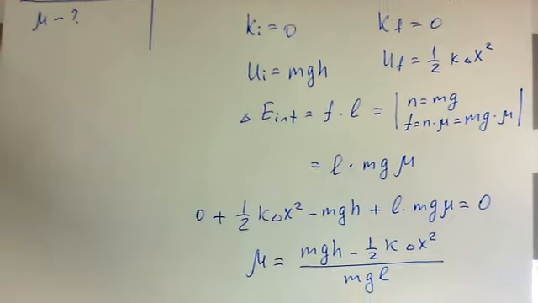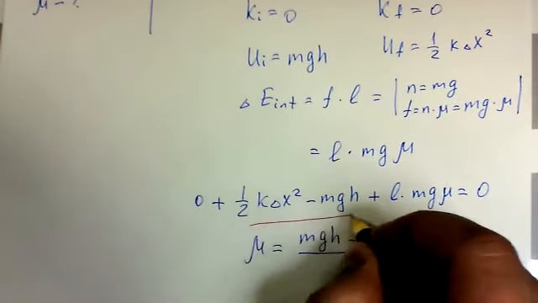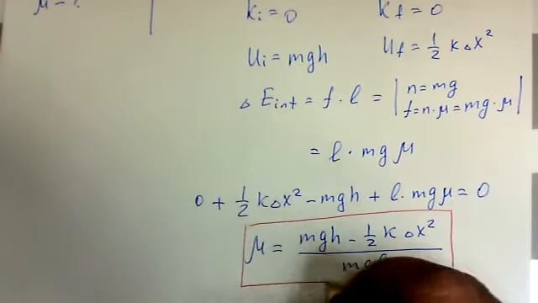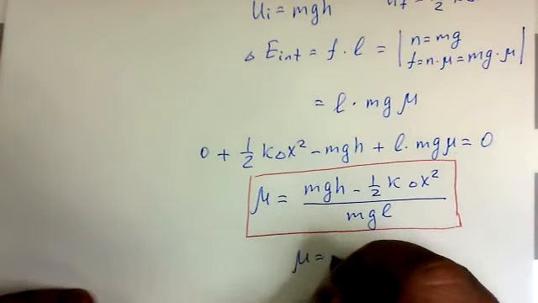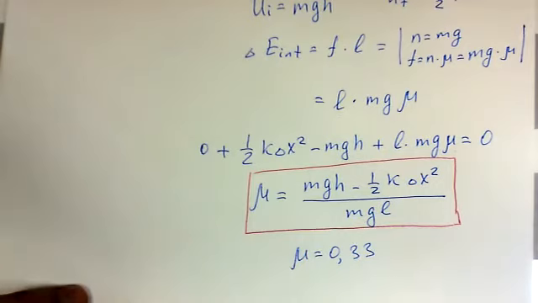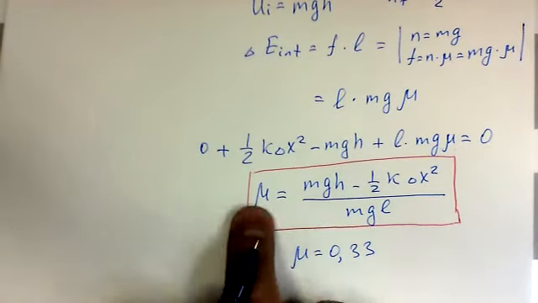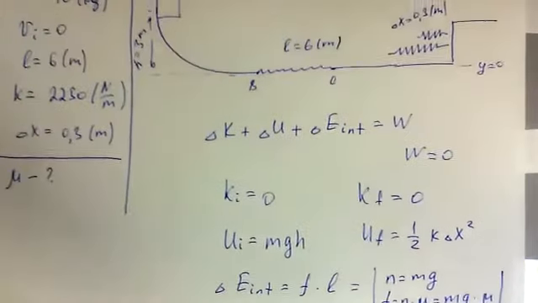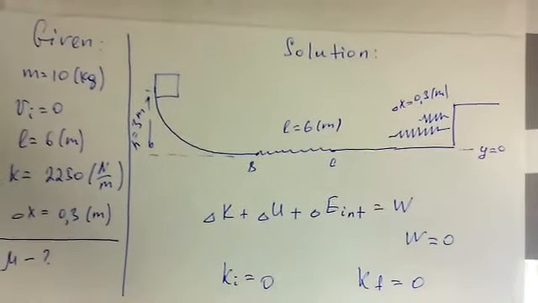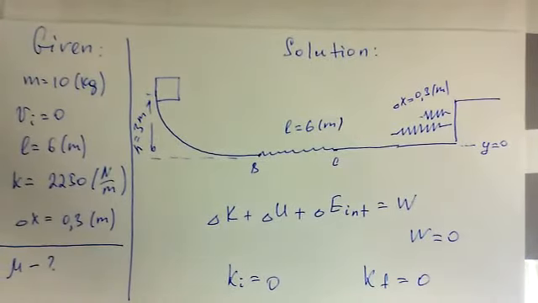That's the general expression, and the numerical value would be 0.33 for this coefficient of friction. Okay, questions please on this part? No? Okay, great.